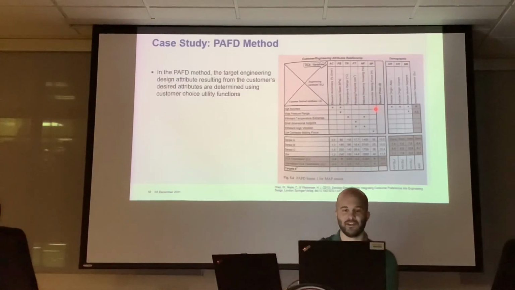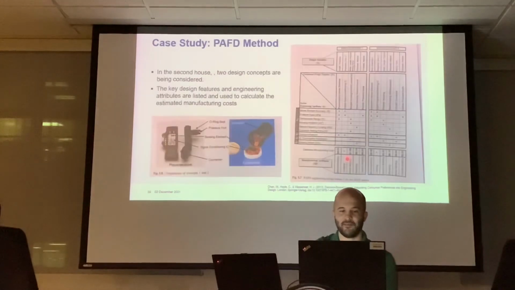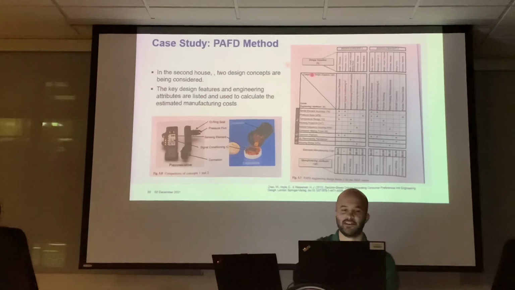First house is listed the same customer-driven attributes as in the QFD, and then also the engineering attributes to be considered. This is mapped out along with the demographics, and targets are established. From these targets, we can then plug them in to our second house, where they are considering two design concepts.